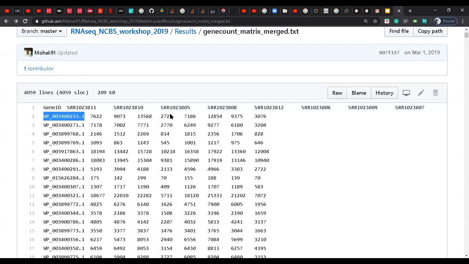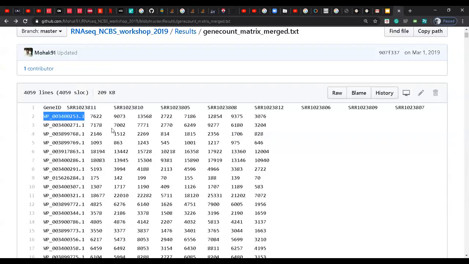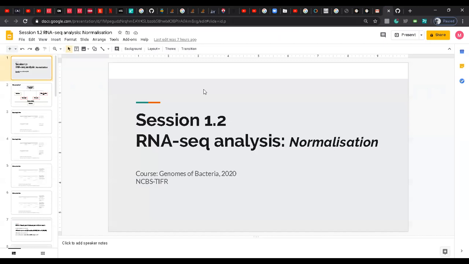Yes. Okay. So then what do you do after you get this matrix of this sort, where you have columns of samples and rows of the gene IDs?